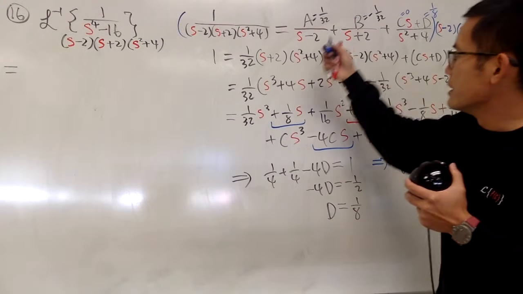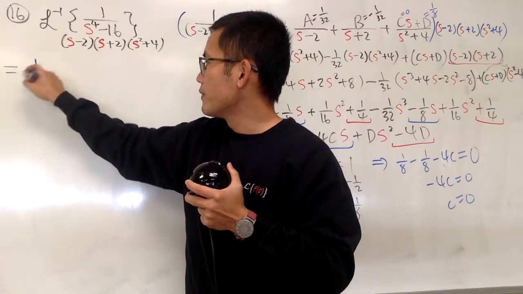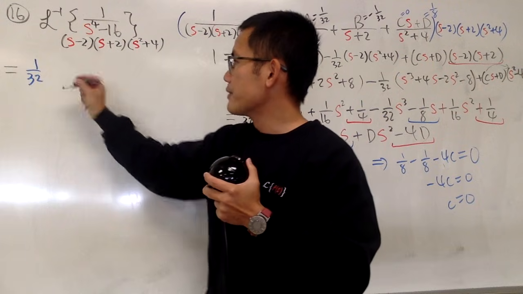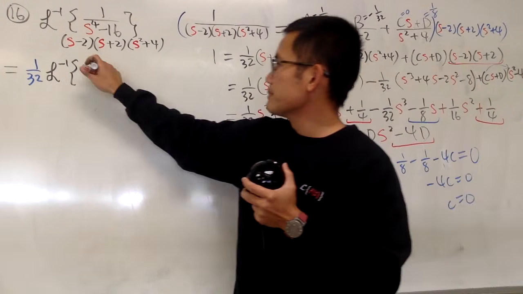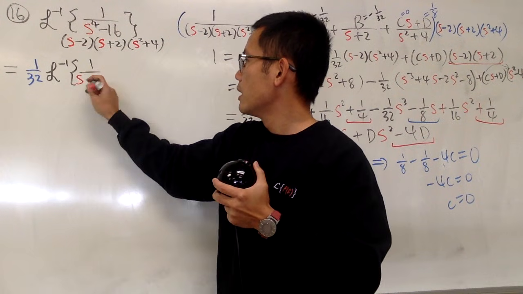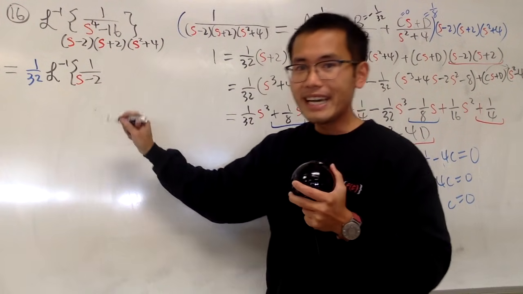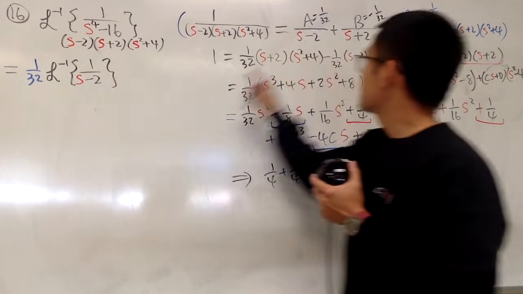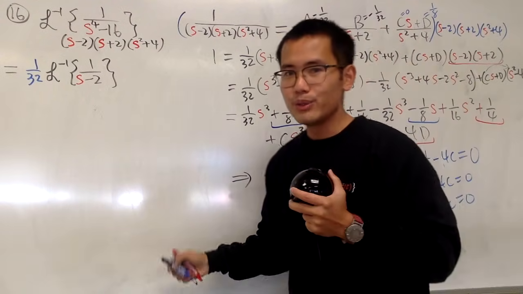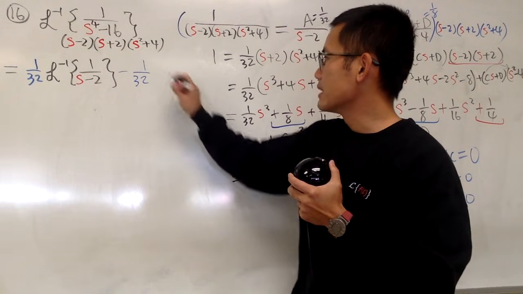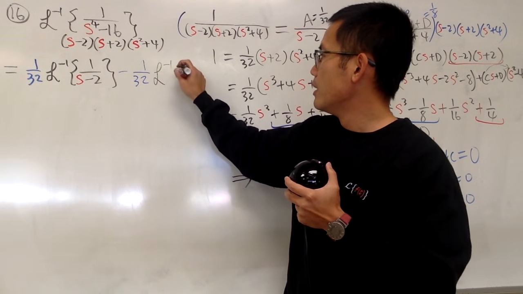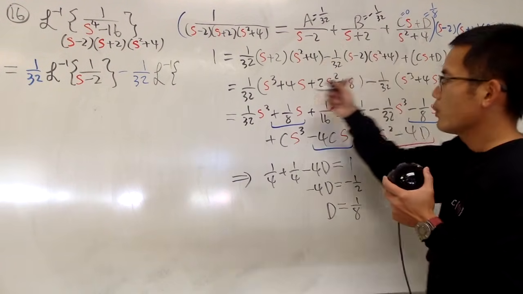Do the inverse Laplace of this, which is 1 over 32 all the way in the front first, and then inverse Laplace of 1 over s minus 2. So that's good. And then just continue. The next part is minus 1 over 32. So we have the minus 1 over 32, and then the inverse Laplace of 1 over s plus 2.